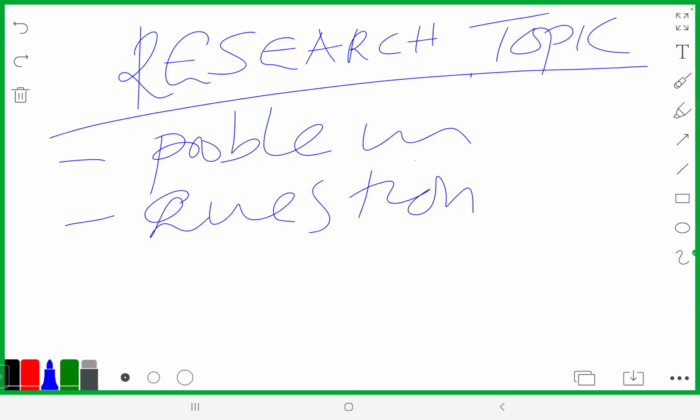A research problem, in a nutshell, is the question or the problem that you're going to be addressing as you are researching. Remember, there should be an existing problem that is there. So you are going to be solving a particular problem. That short statement about the problem that you're going to be solving is what we call the research problem or the research question.